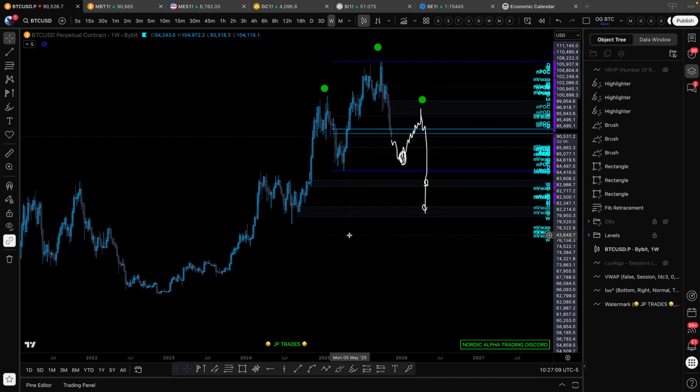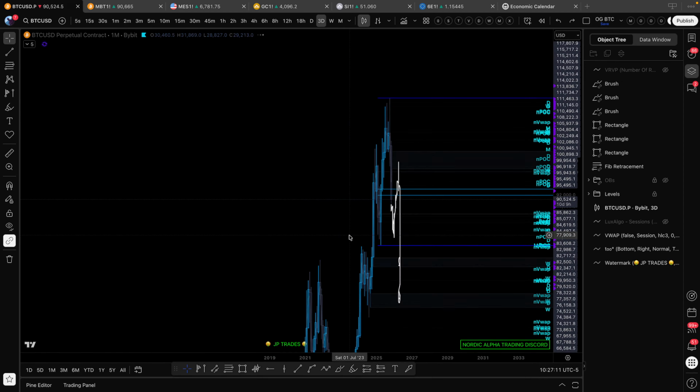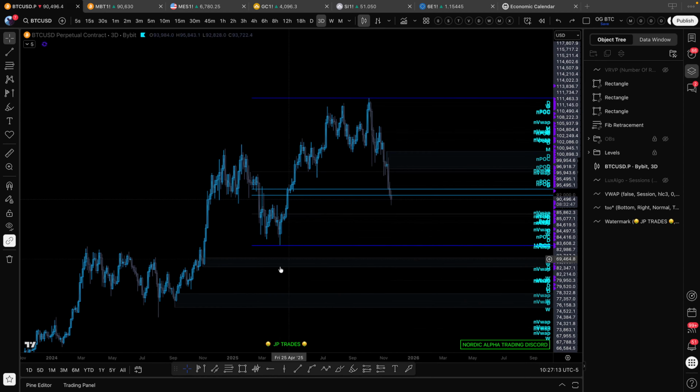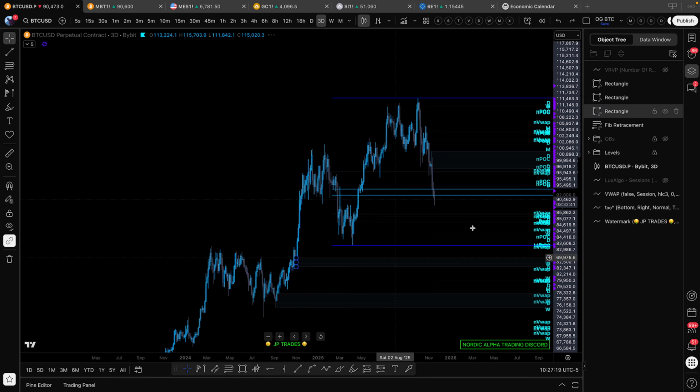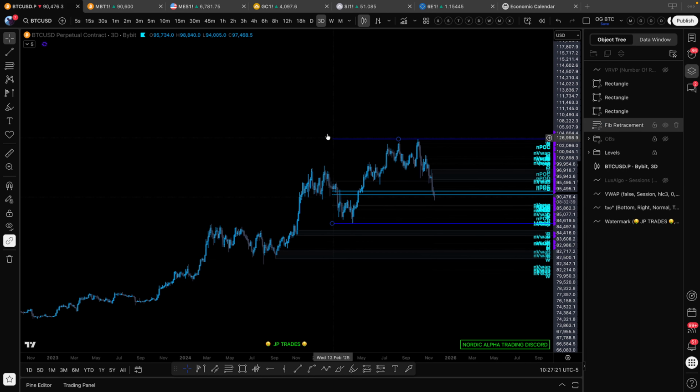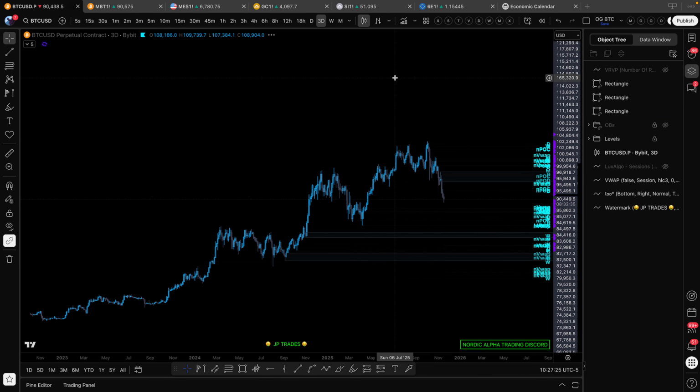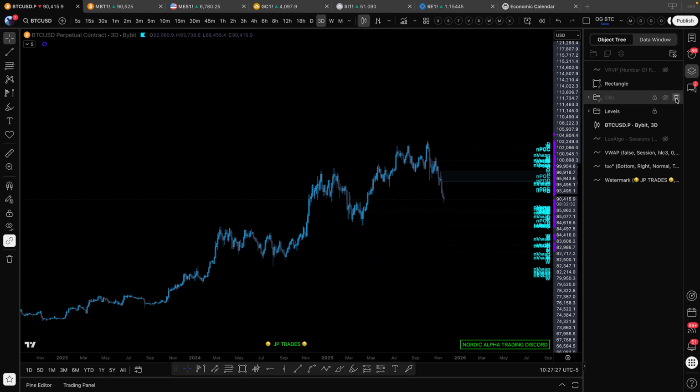Like I said in my other updates, if we come down and break this low with a strong candle close, that's going to be very, very bad news. And that is my scalp updates for this week.